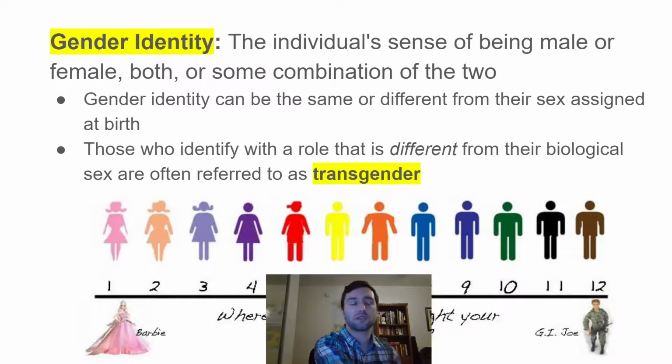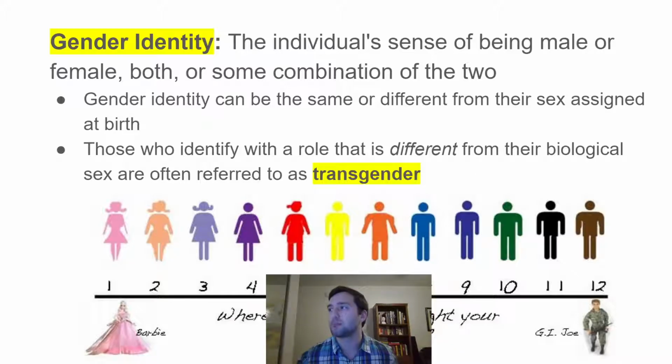Or a lot more closely connected with being feminine. So this idea of identity is, okay, what is your sense of where you are? Those of us who identify with a role that is different from our biological sex are often referred to as transgender, right? And there's obviously a lot of other different pieces, but this is the deepest that we're going to delve into it.